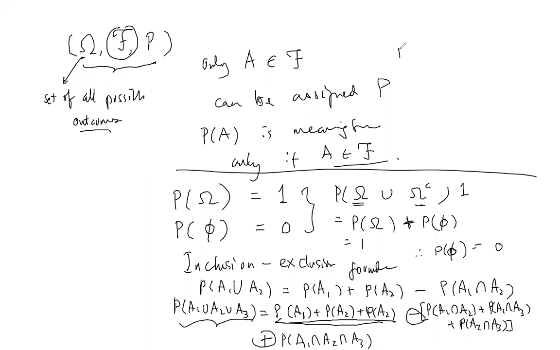And then you have the Bonferroni inequality, which basically says that the probability measure of the union of n sets is bounded by the sum of the individual probabilities.